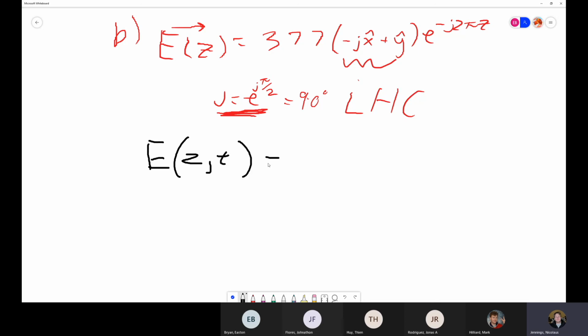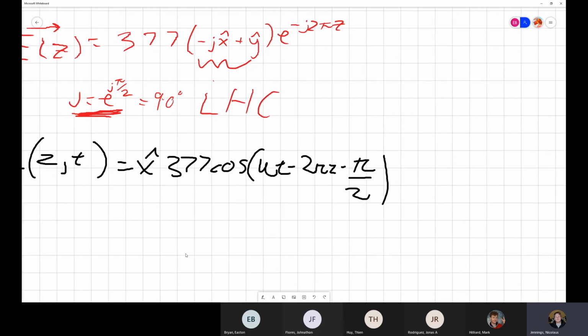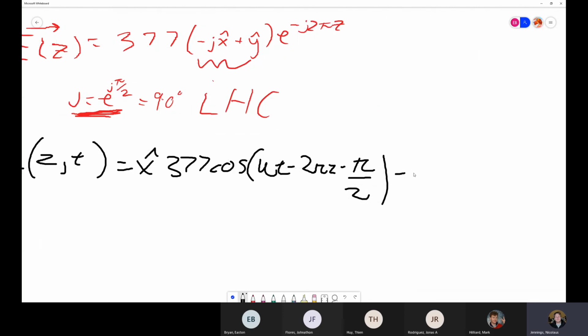So we got x hat 377 cos of omega t minus 2 pi z minus pi over 2, and then minus y hat 377 cos of omega t minus 2 pi z.